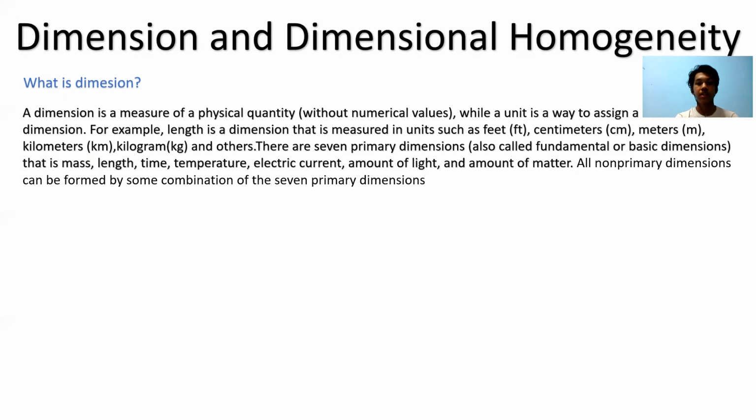There are 7 primary dimensions, also called fundamental or basic dimensions. There is mass, length, time, temperature, electric current, amount of light, and amount of matter. All non-primary dimensions can be formed by some combination of the 7 primary dimensions.